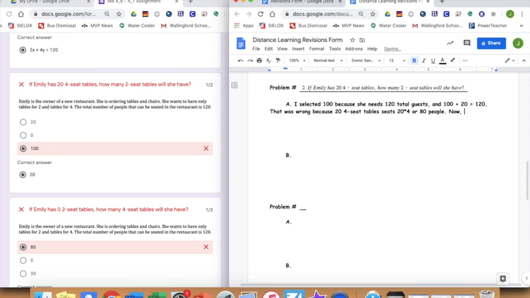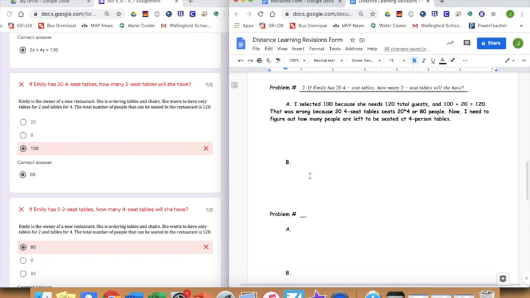So now I need to figure out how many people are left to be seated at 4-person tables. So there's 120 people, and keep in mind, so that's my mistake.